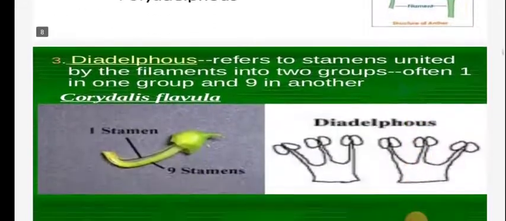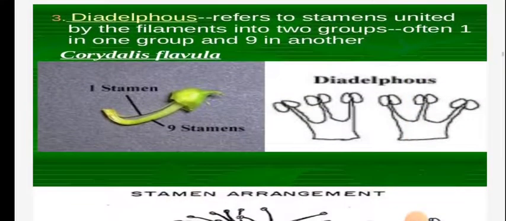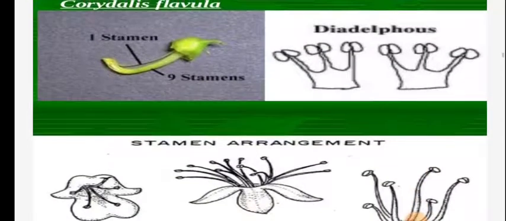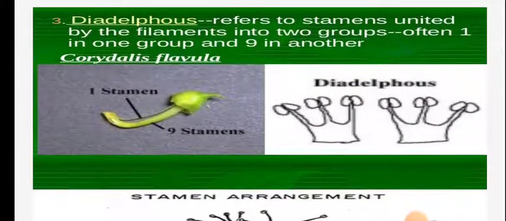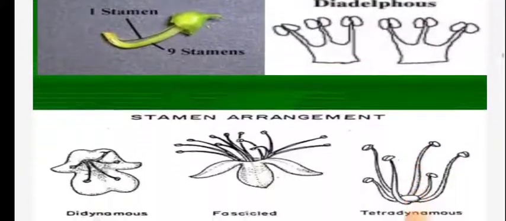In the diadelphous condition, you refer to the united filaments. Adelphy means the adhesion, as it shows the different groups.